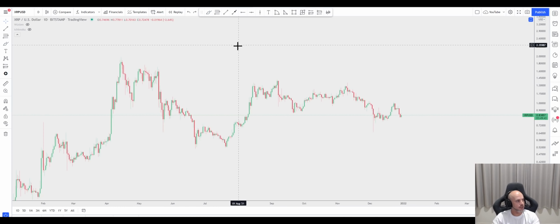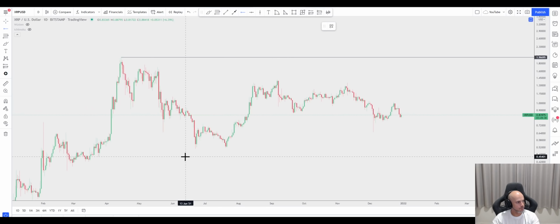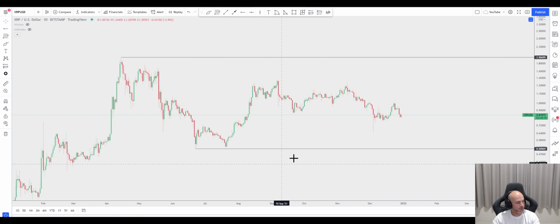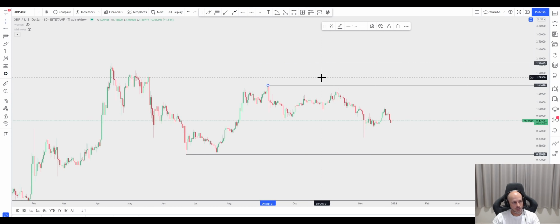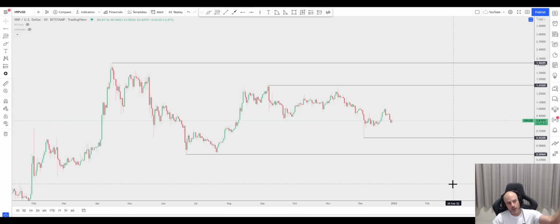So let's go for the other method here. I truly prefer this one. I am drawing the lines, and it is not just, let's say, oh, I'm drawing a line here, a line there. No, that's not how it works. I'm looking at pivots, I'm looking at Elliott setup, I am looking at Fibonacci, and so on.